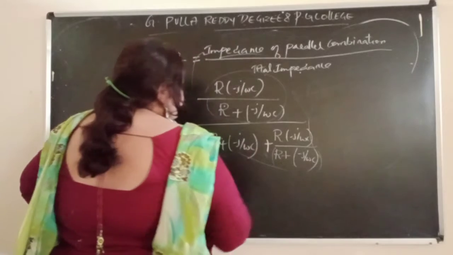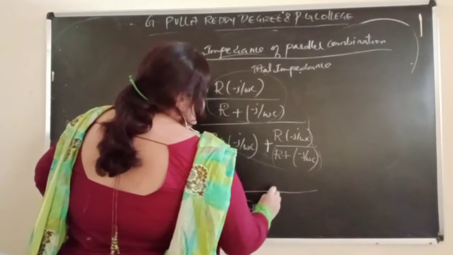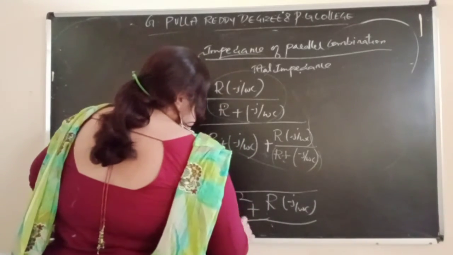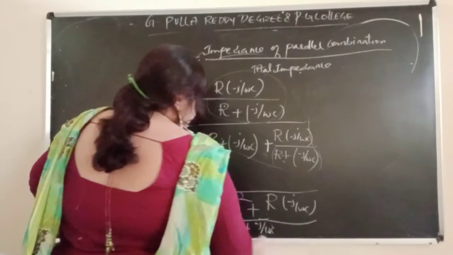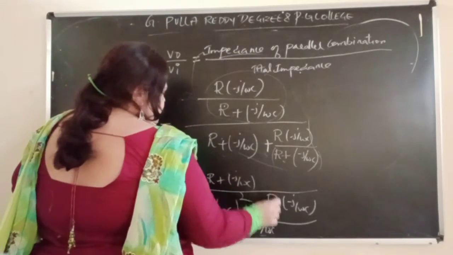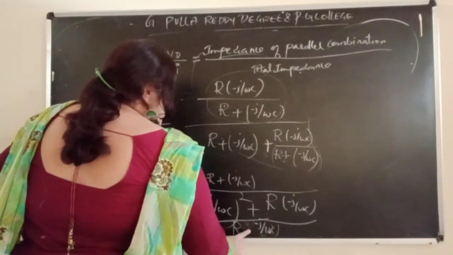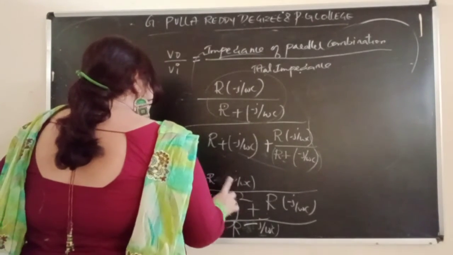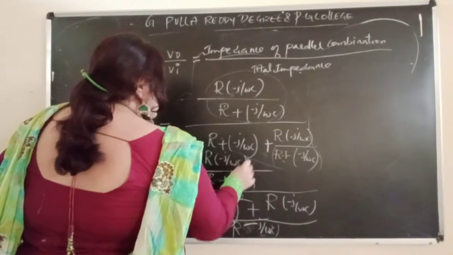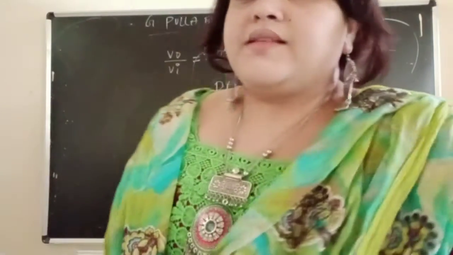This will come here, and it becomes minus j by omega C whole square plus R into minus j by omega C, over R plus minus j by omega C. Here also it will be R plus minus j by omega C, and you can write it with brackets or as you wish. Then the whole thing, this minus j by omega C, this and this will be cancelled.